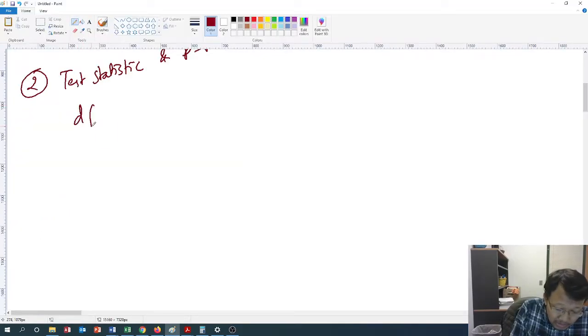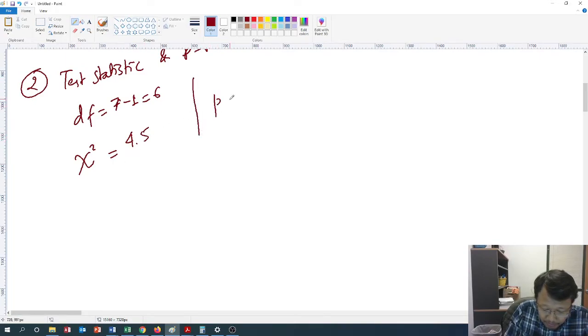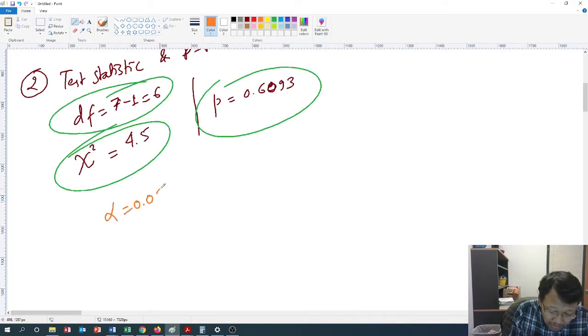And now we can say degrees of freedom is 7 minus 1 equals 6. Chi-square is 4.5, and the p-value is 0.6093. Alpha equals 0.05 is less than p, which is 0.6093.